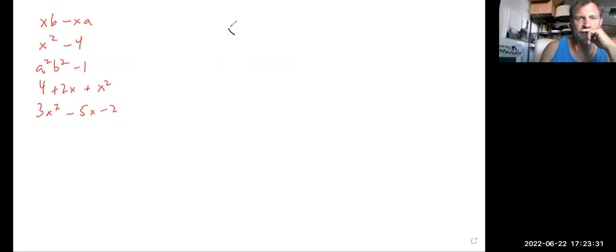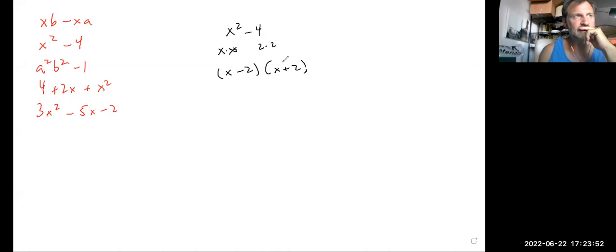What about this next one? x squared minus 4. So this is a little bit harder. There's no common factor, but you have what's called the difference of squares. So x squared is x times x, and 4 is 2 times 2. And if we multiply (x - 2) times (x + 2), it turns out that the middle term will knock itself out.